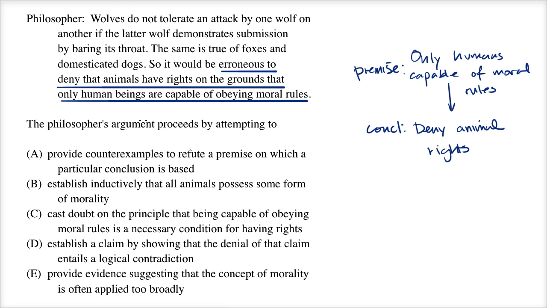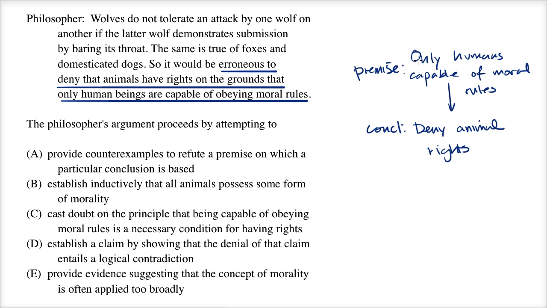The philosopher's argument proceeds by attempting to provide counterexamples to refute a premise on which a particular conclusion is based. Well, that's exactly what we just said. So it doesn't always work out that nicely, but it did this time, where there's this conclusion based on this premise. He wants to refute the premise on which this conclusion is based by giving counterexamples.